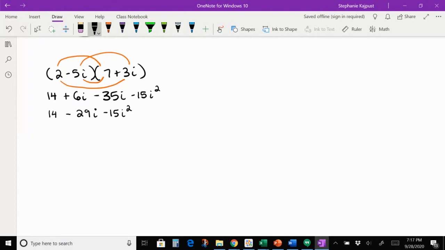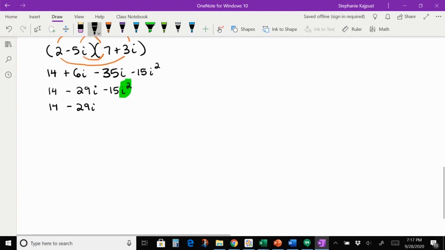Now this is where things are different from working with variables, because instead of just leaving it like this, we have something special: i squared is equal to negative 1. So we're going to rewrite this. Negative 15, and instead of i squared, that's times negative 1.